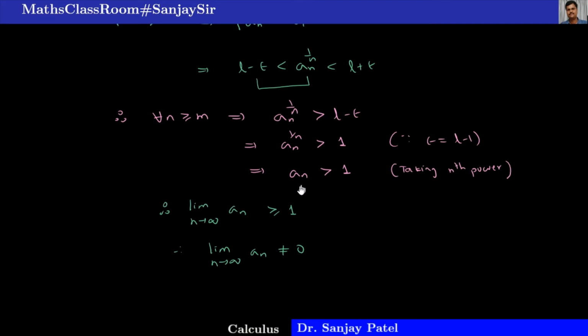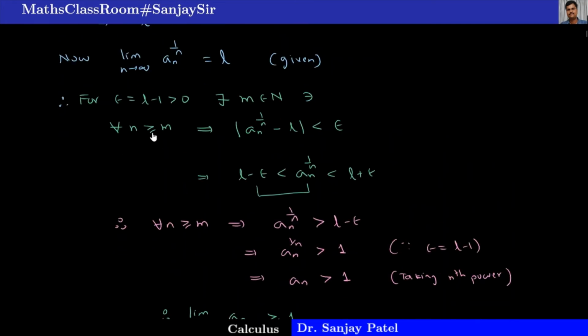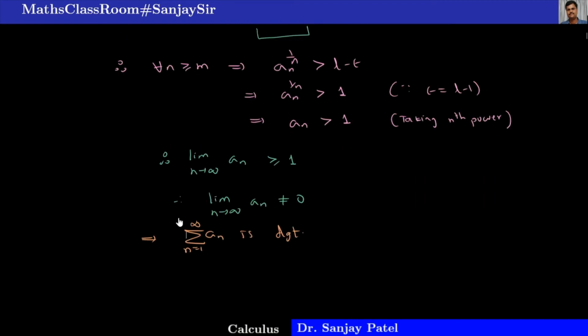So limit of a_n as n tends to infinity is greater than or equal to 1. That means the limit cannot be 0. And if the limit of the nth term of a series sigma a_n is not 0, then we can say that the series is always divergent. So this implies the series sigma a_n is divergent for n is equal to 1 to infinity. Okay. So for L greater than 1, we have proved that the series sigma a_n is divergent.